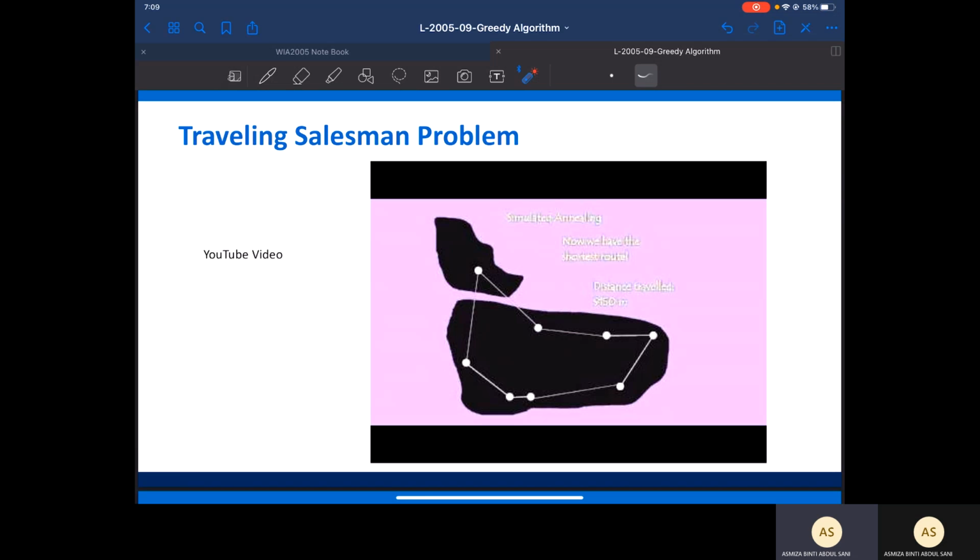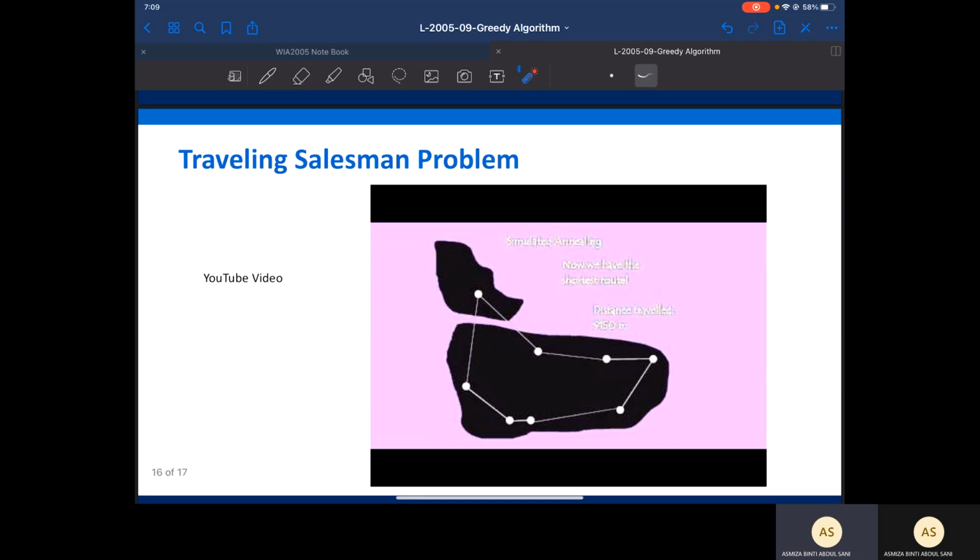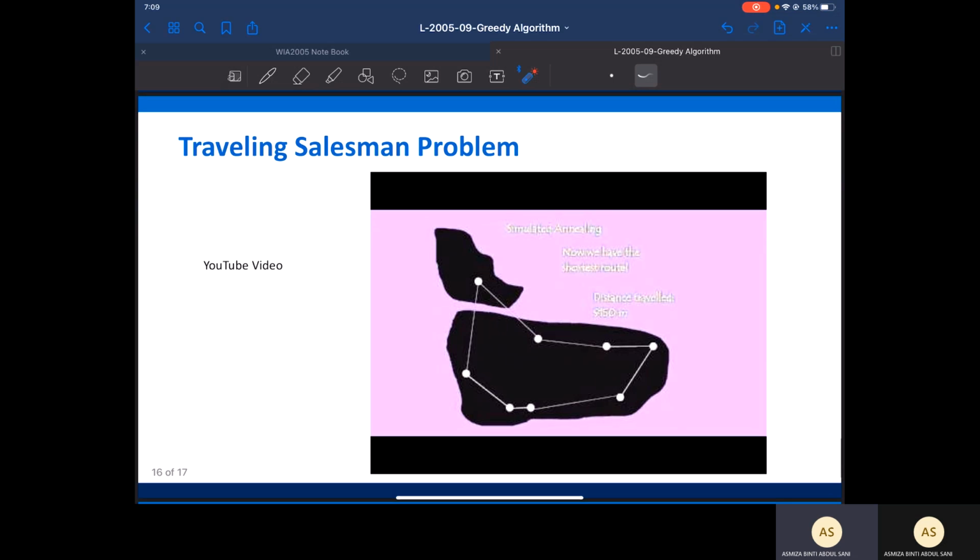The traveling salesman problem occurs multiple times, for example when you want to do logistic delivery. This is a very common problem, and the optimization solution is still being researched. One of the approaches that is being used to solve this problem is the greedy approach.